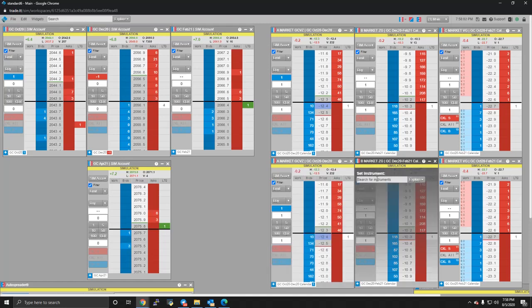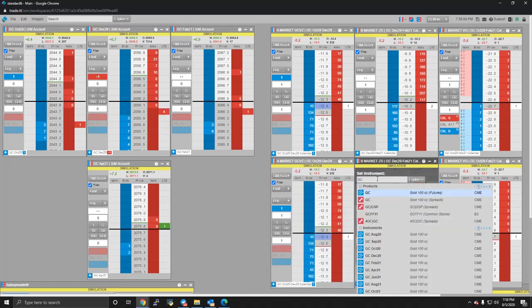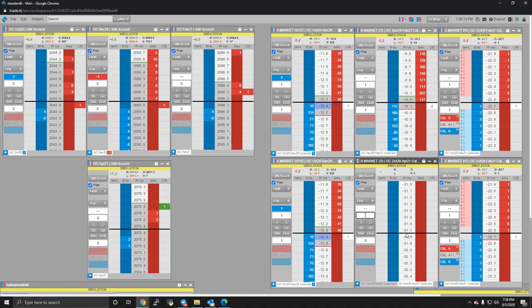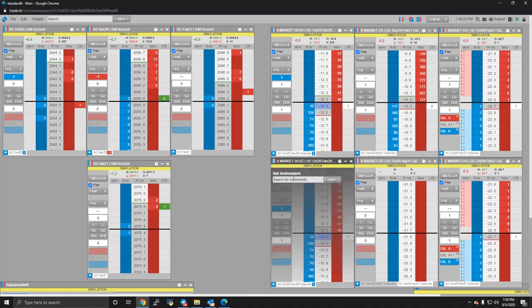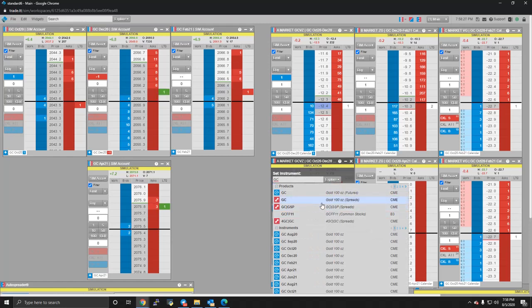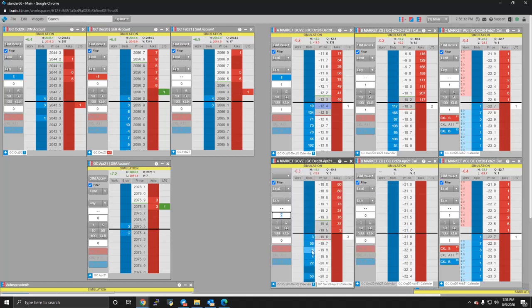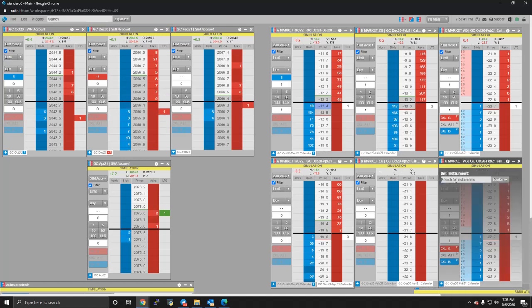This is going to be GC VJ, so we're looking for October, April. There it is. Now the next spread is going to be the ZJ. Let's go get the ZJ market: December's Feb, December's April, and then over here we're going to add the Feb April spread.